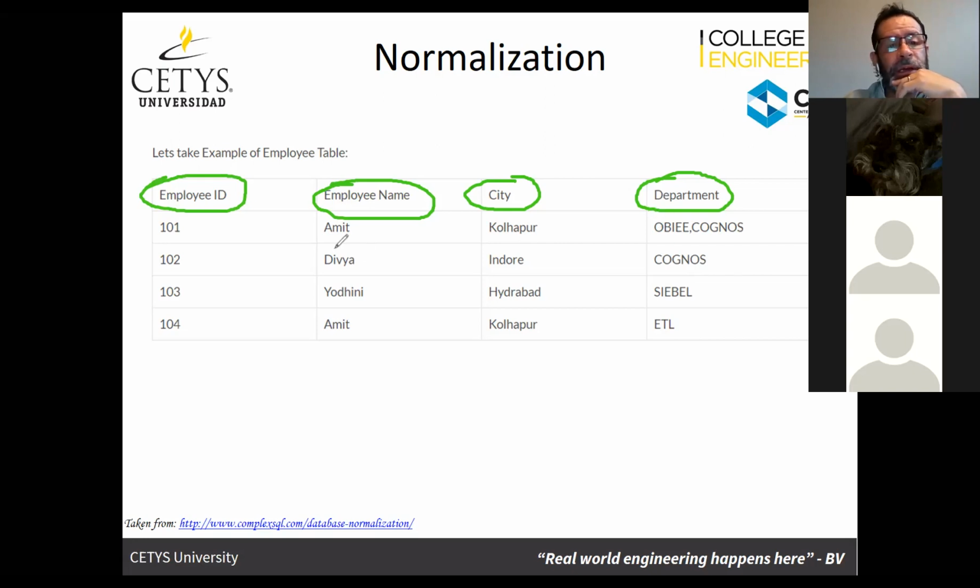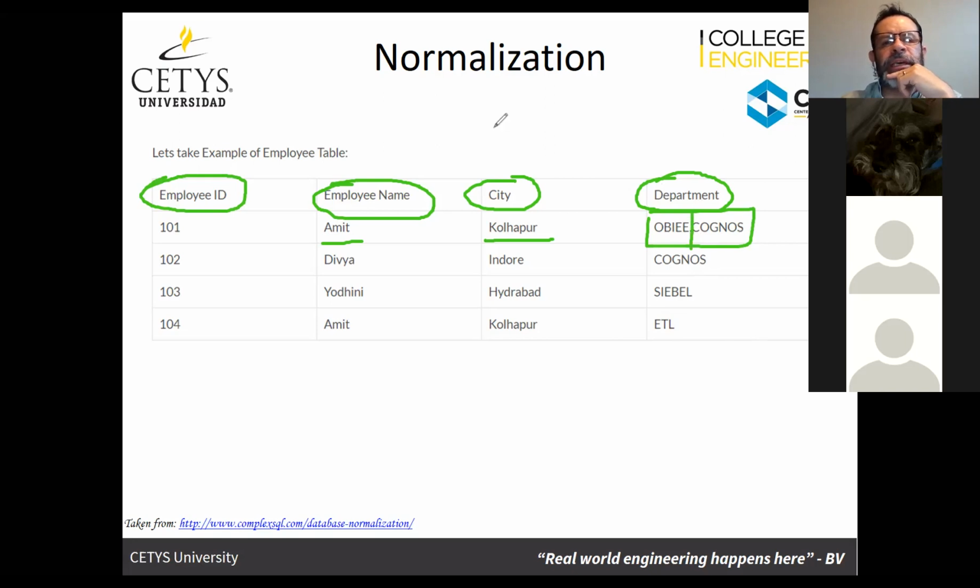For example, here, Amit Kolhapur is assigned to 2 departments. That might be problematic, because remember, this is the only data we have.